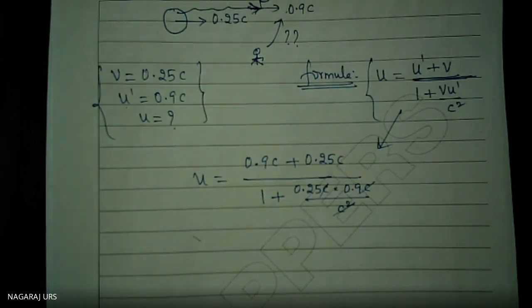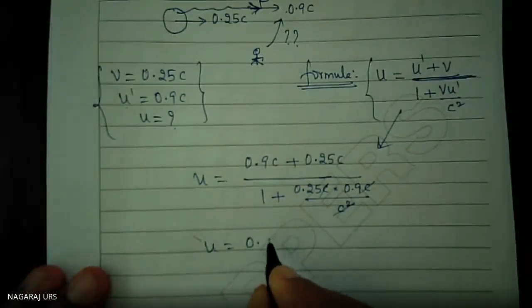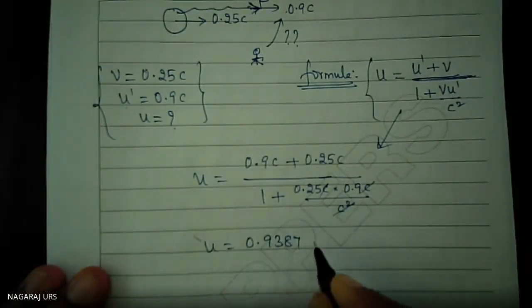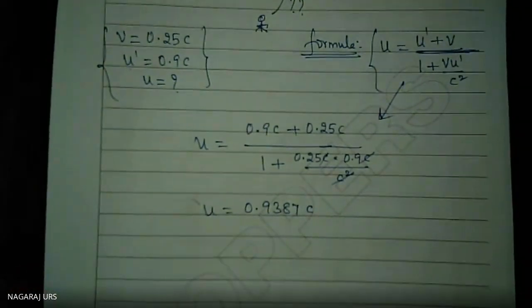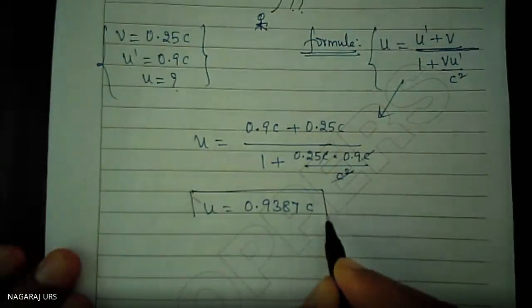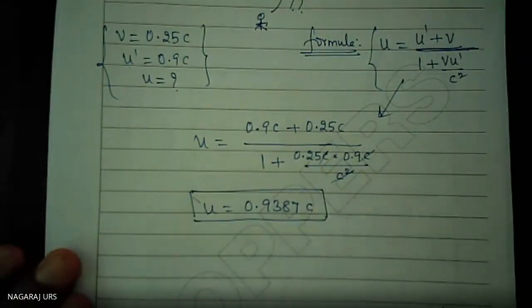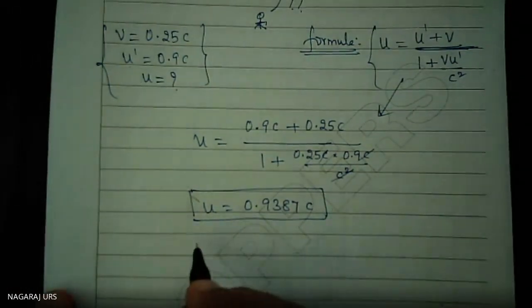0.9387 times C, correct? Is it the correct answer? Just to check it up. Still, further you have to write the answer now.